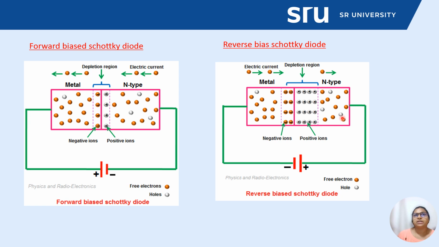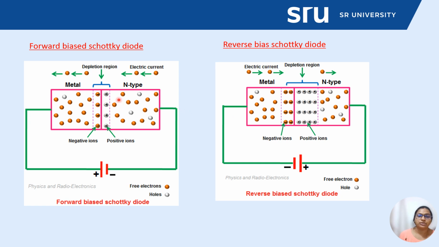So what is happening here is that when the negative terminal of the battery is connected to the metal and the positive terminal to the n-type semiconductor, the Schottky diode is under reverse bias. When the reverse bias voltage is applied to the Schottky diode, the depletion width increases.